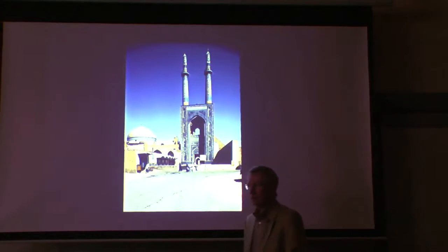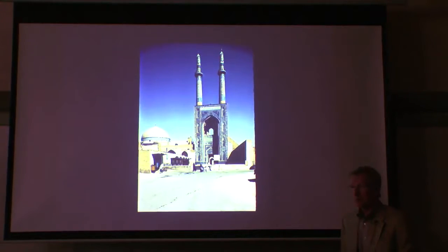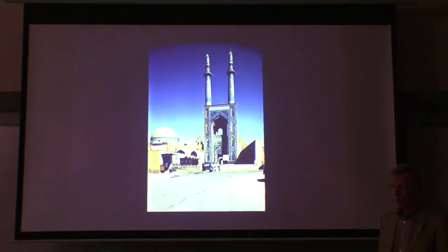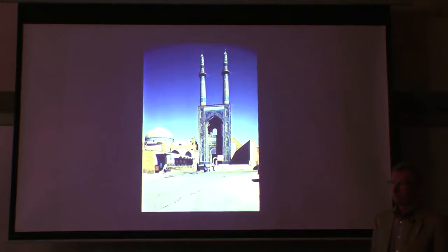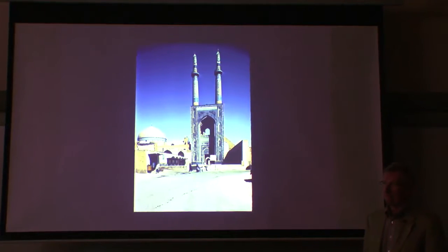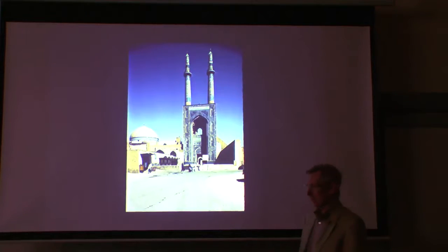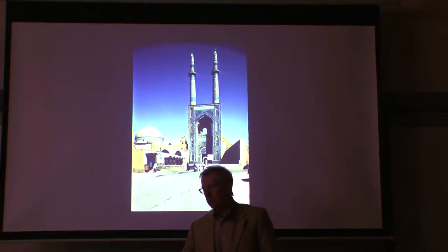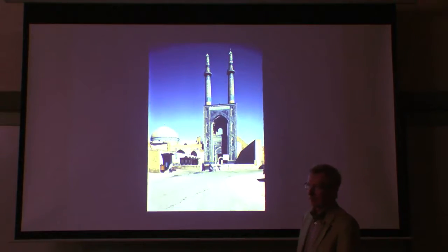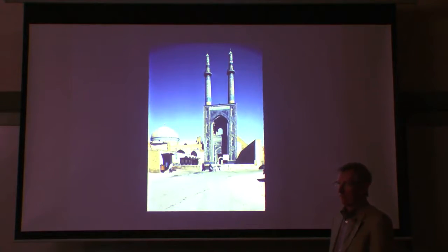Nada, what about this entrance Iwan? What's unusual about it compared maybe with any that you've seen before? Parallel minarets? Well, it has two minarets, although that's a feature we mentioned that was present in some earlier Seljuk buildings. Anything else?